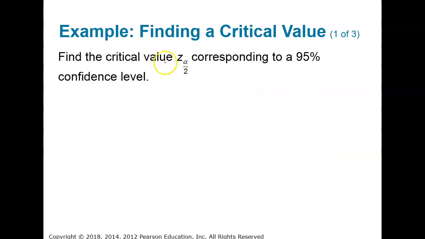The first one we want to look at is the 95% confidence level. The first thing we want to do is sketch out our normal curve, and then we're going to take this 95% and plop it down right in the middle. So this is going to be 95%.